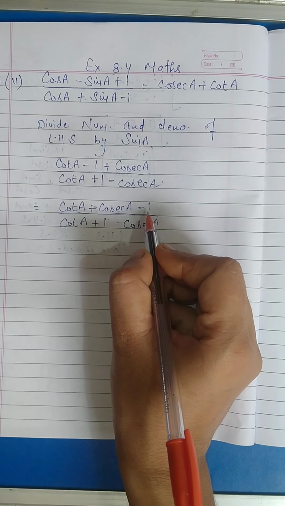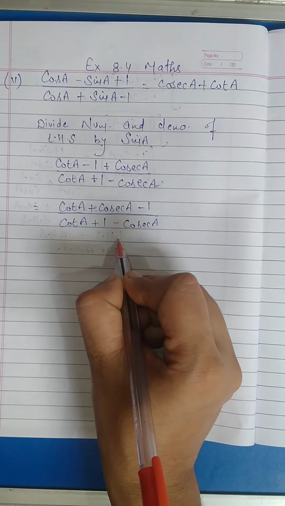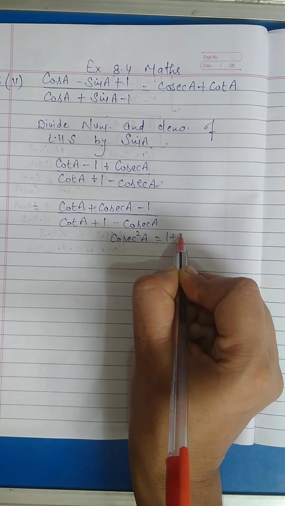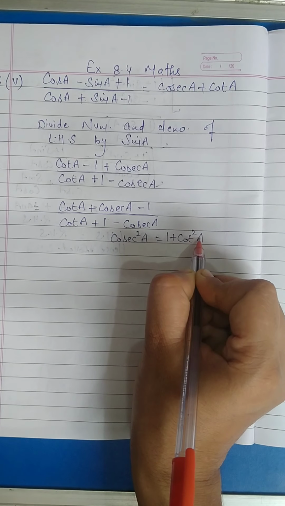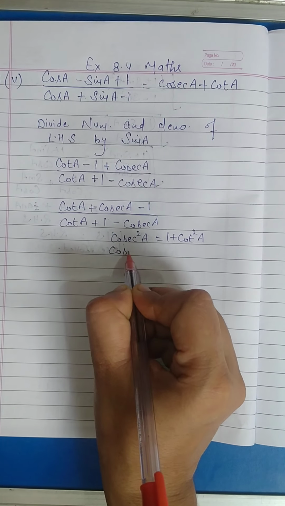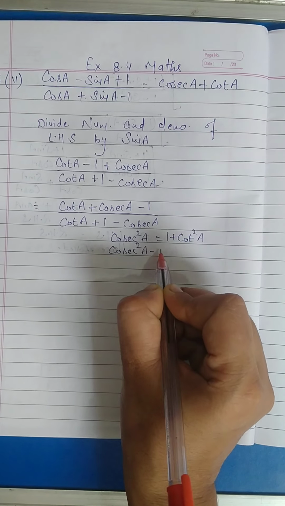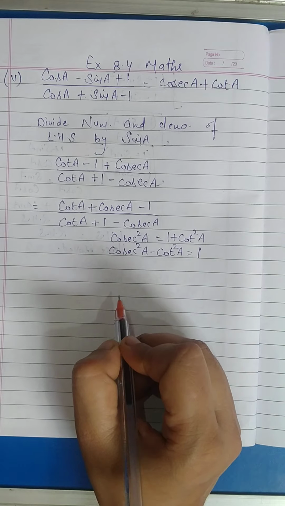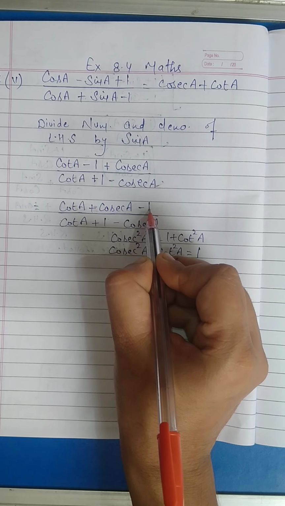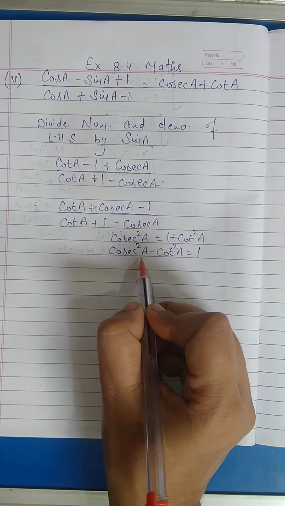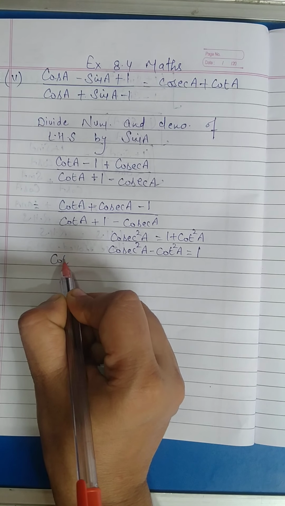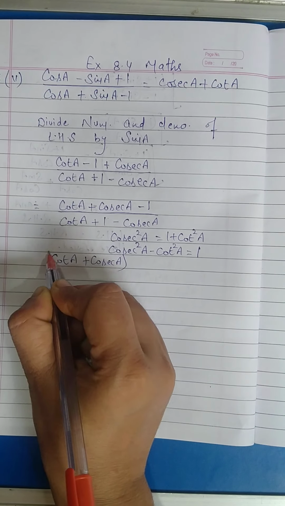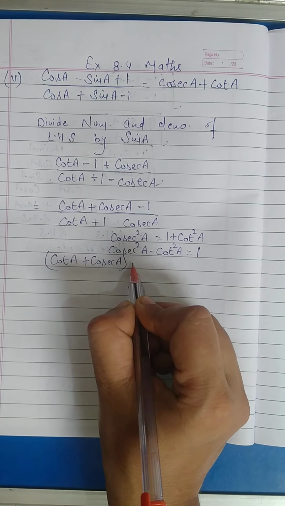We are having an identity: cosecant square A is equal to 1 plus cot square A. So we can say cosecant square A minus cot square A is equal to 1. In place of 1 in the numerator, we can write this identity. Cot A plus cosecant A, already both are in addition, minus.